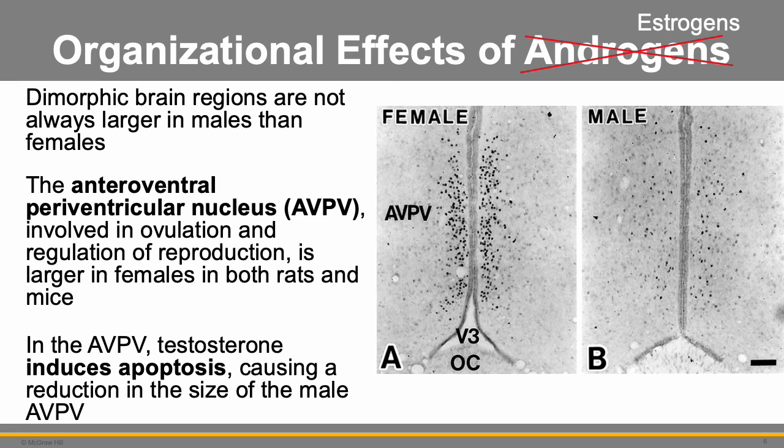One example of this in mammals is the anteroventral periventricular nucleus, the AVPV. This is a part of the brain that's involved in ovulation, regulation of reproduction, and is much larger in females than in males. As you can see in this brain section of a mouse on the left, the AVPV are the dark stained cell bodies, much more numerous and concentrated than what we see in the typical male section.